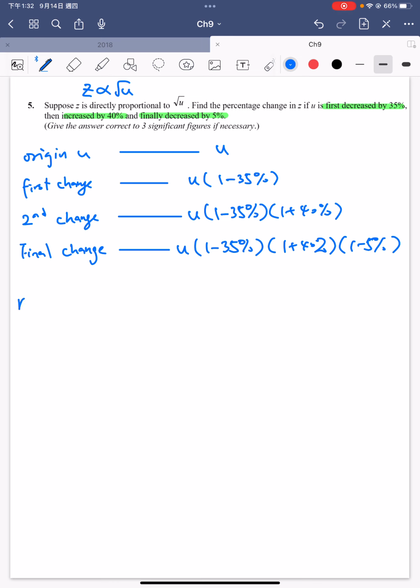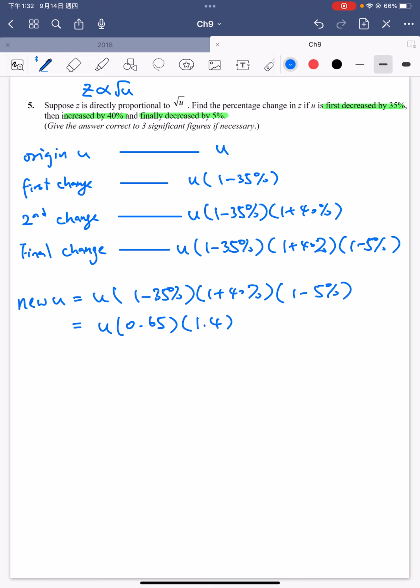So our new u should be equal to u times 1 minus 35%, which is the first change, then the second change is 1 plus 40%, and the last change is 1 minus 5%. So in this formula, it gives u times 0.65 times 1.4 times 0.95. If you use your calculator, the answer should be equal to 0.8645u. So that's our new u.